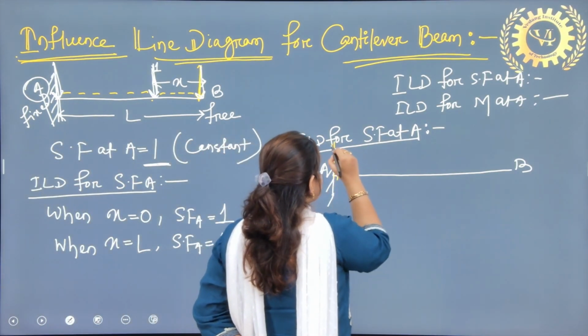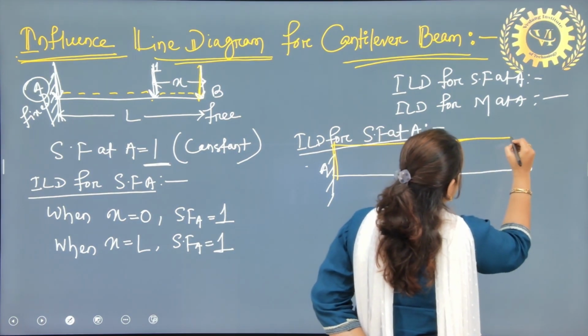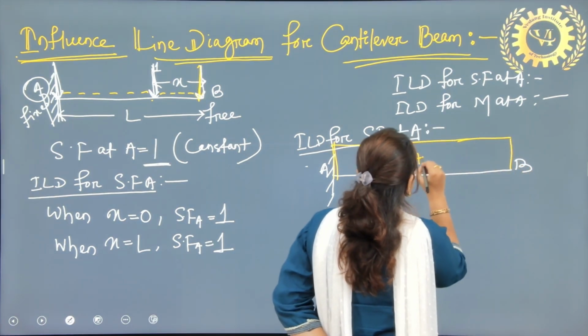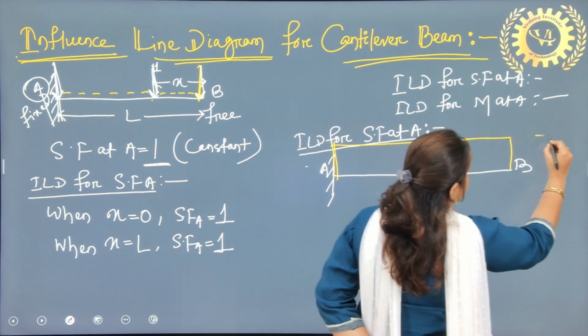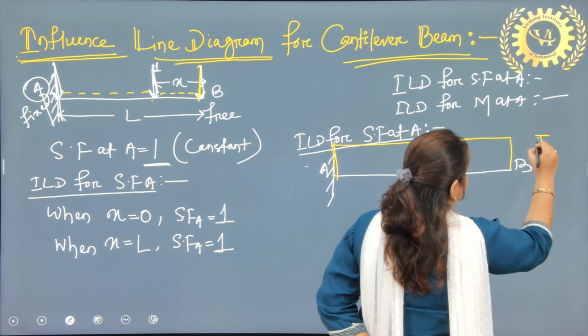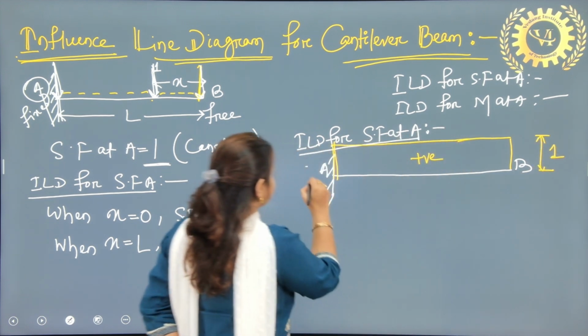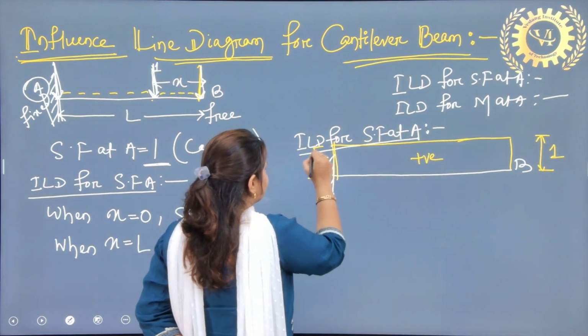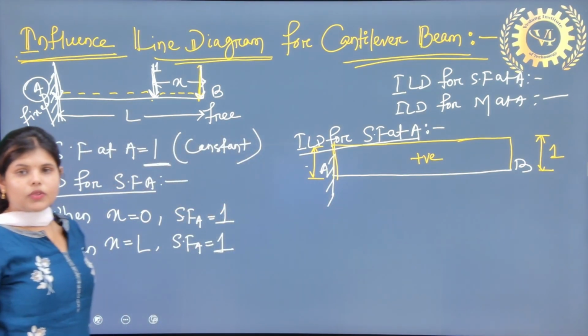As the loading position is not changed anywhere, this will be positive and this distance is 1.